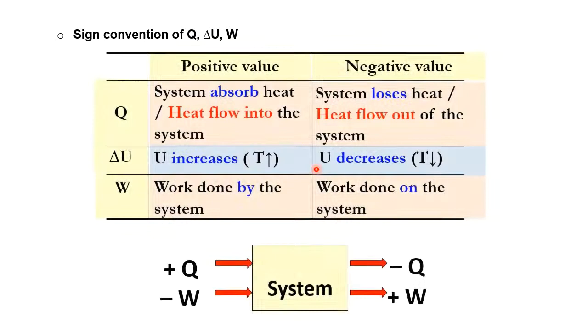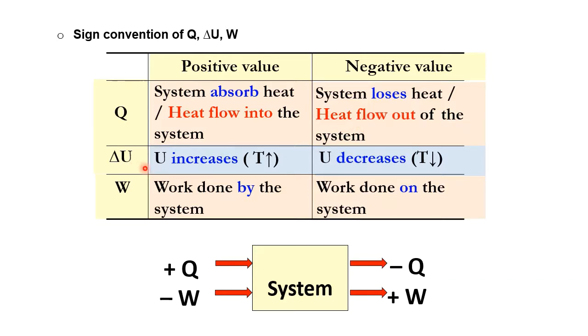Now, let's have a look at the sign convention. This one is really important, so you have to be careful. For Q, the positive sign is used when heat is absorbed or flows into the system. We use negative when heat is lost, or we can say heat flows out of the system, which means the system is cooling down.